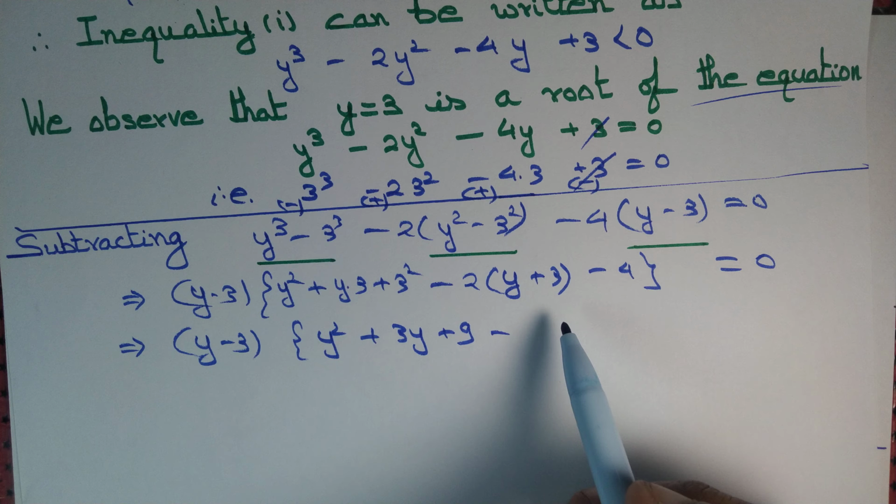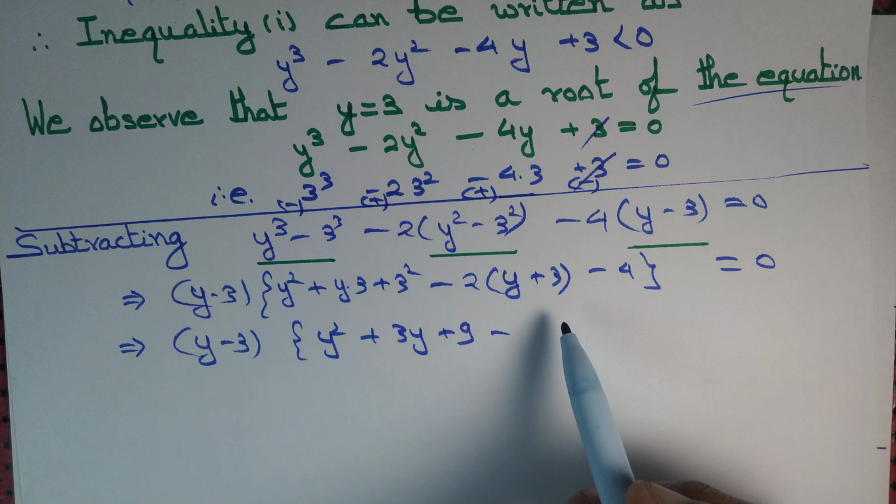Now we know that mod of x square is the same as mod of x whole thing square for any real number x. So let y equal to mod of x. So what can we say about inequality 1?